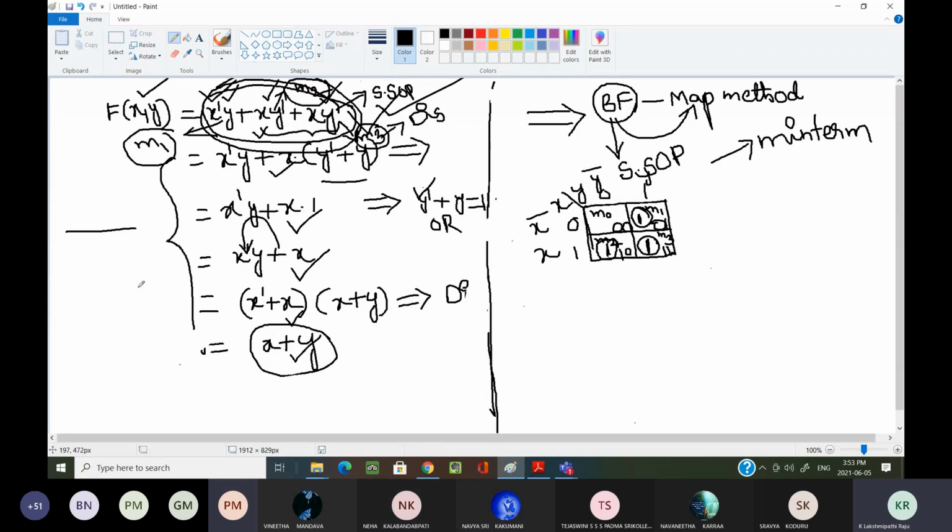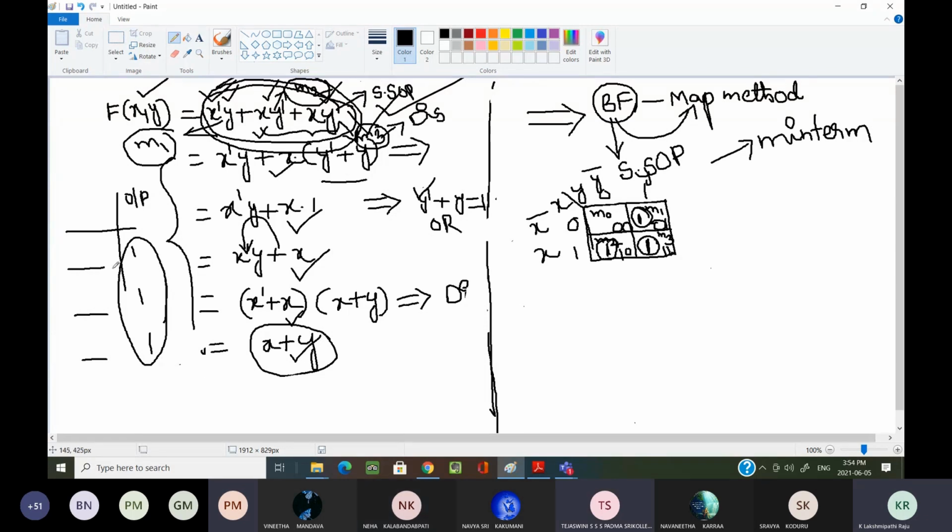In the output column, if you see one, then you have taken that min term, and if you see one somewhere else, you have taken that min term too. What have you done finally?